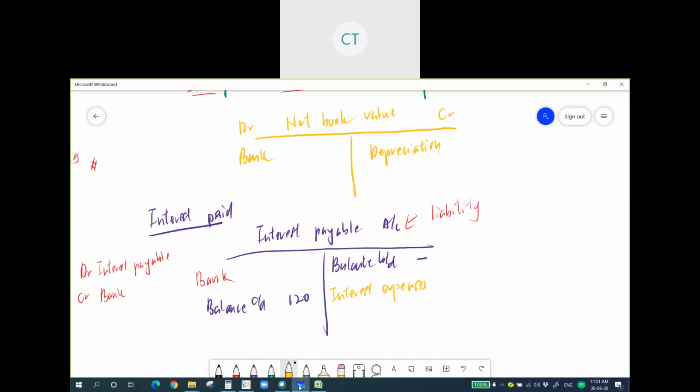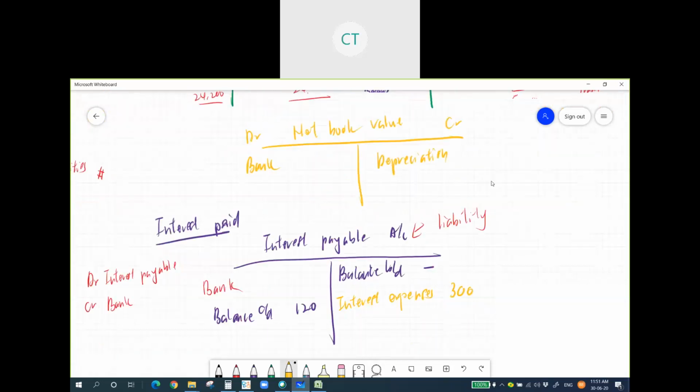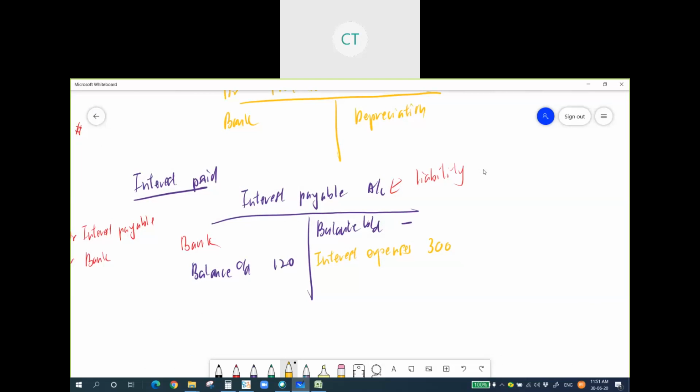For the interest expenses, we have the information already, right? 300. Remember, we got this information at the beginning, 300 interest expenses. So the missing amount, which is your interest paid, is how much? 180. So this information we are also required to show in our cash flow statement.